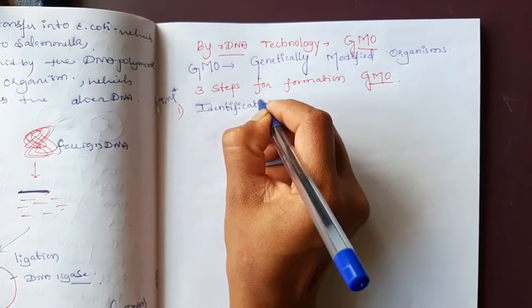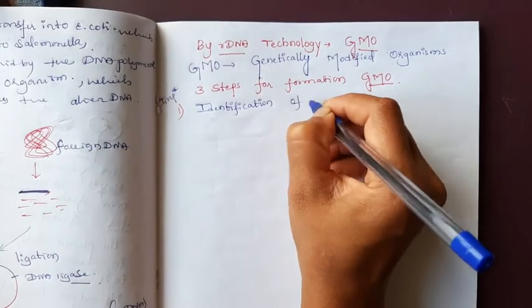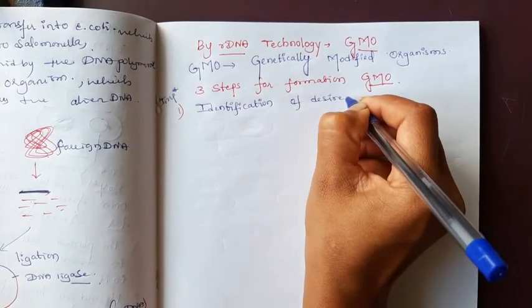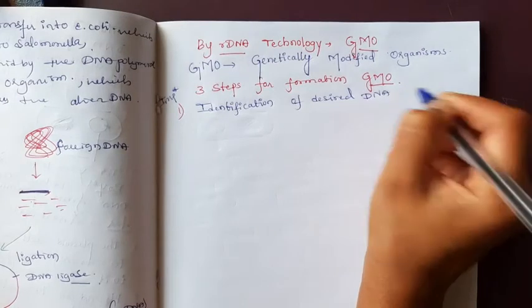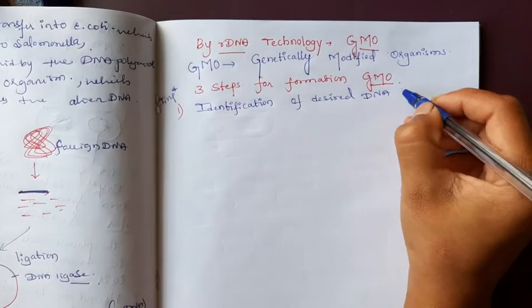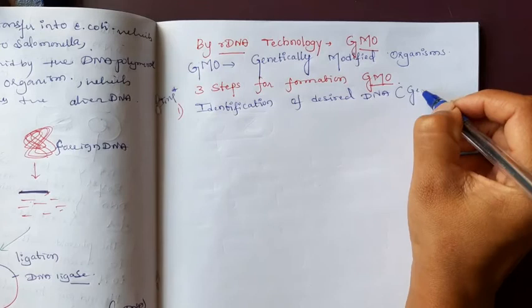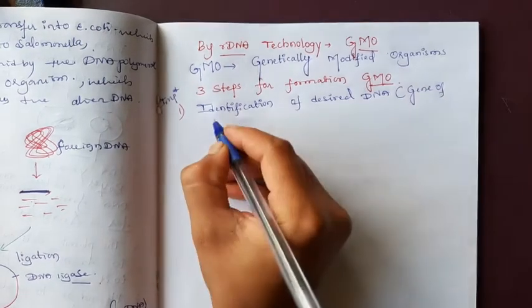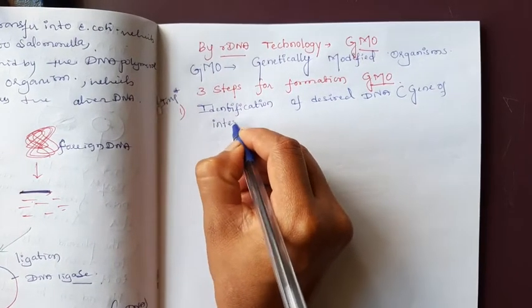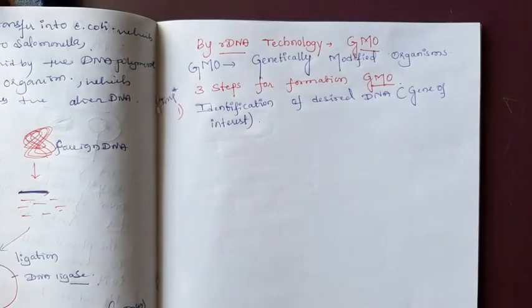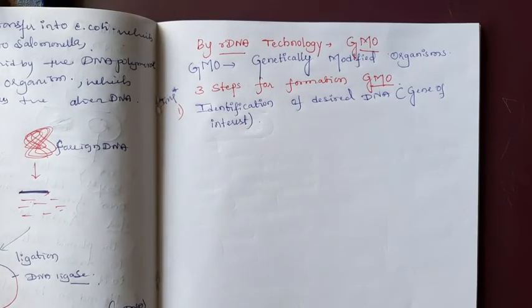Identification of desired DNA, or I can say this is a gene of interest. It means if we require a high yield, long lasting and high yield gene.